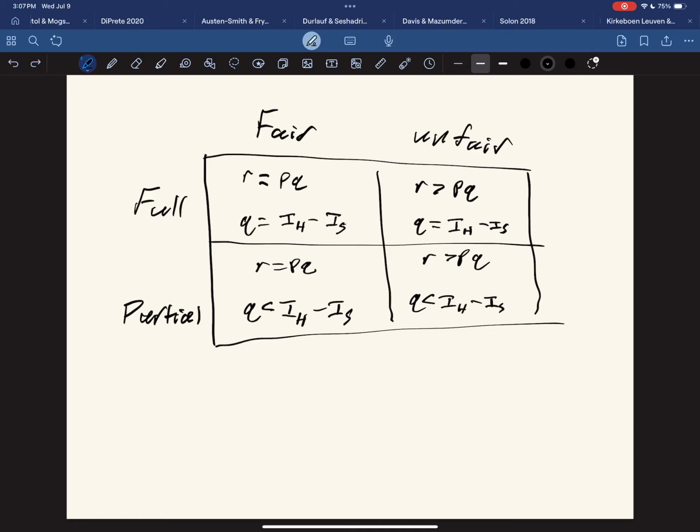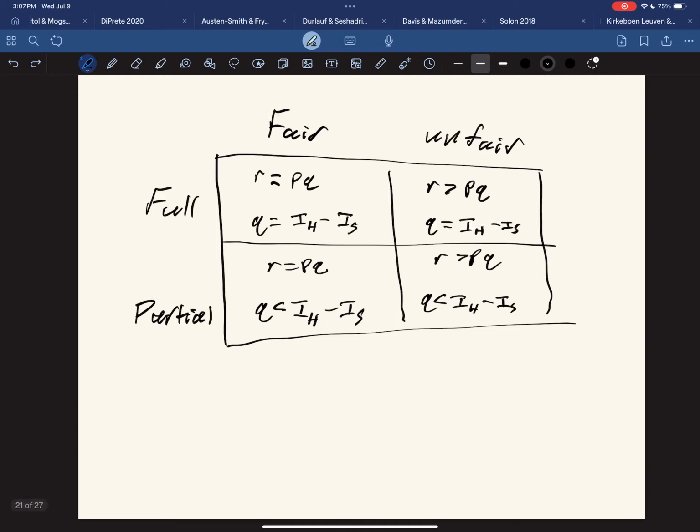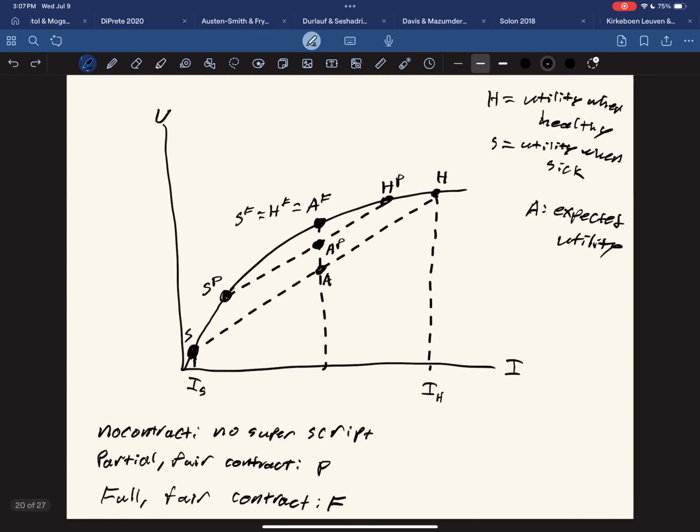And whether a contract is fair or unfair, if I have a choice between a fair partial contract or a full unfair contract, that depends on the contract, right? So here's an example. This is going to be full unfair.